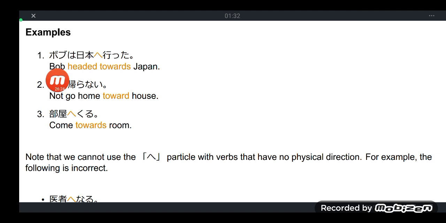So just like this, Nihon e itta. So you see, you're just heading towards, but you use the past tense of to go to a place.